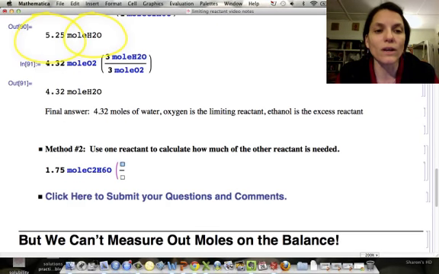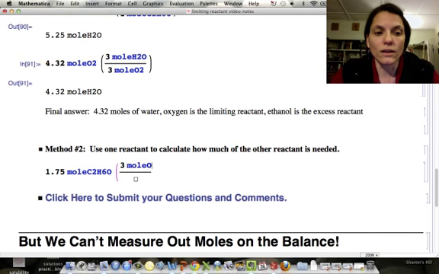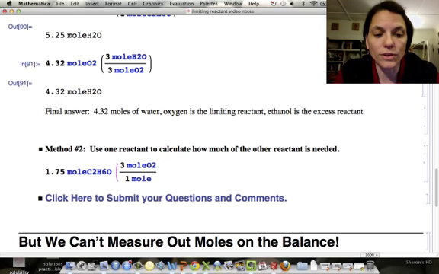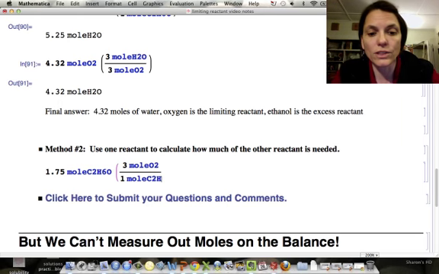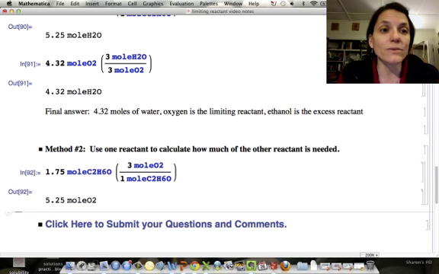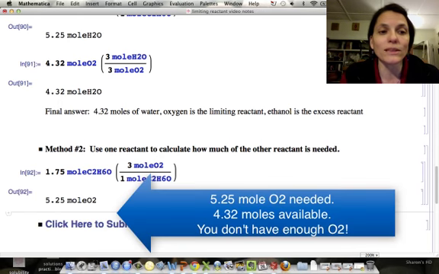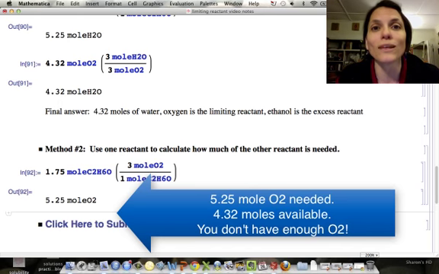So 3 moles of oxygen for every 1 mole of our hydrocarbon, C2H6O. And we find out that to react that amount completely, we need 5.25 moles of oxygen. Well, if you look at the problem, we only have 4.32 moles available.